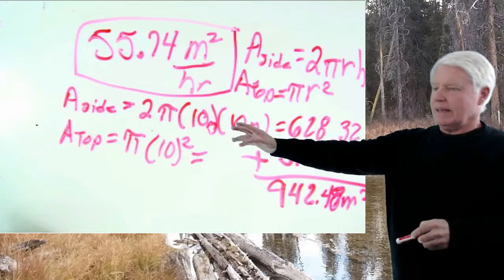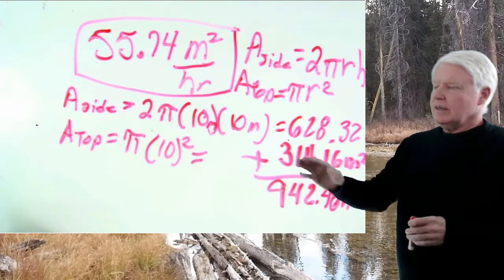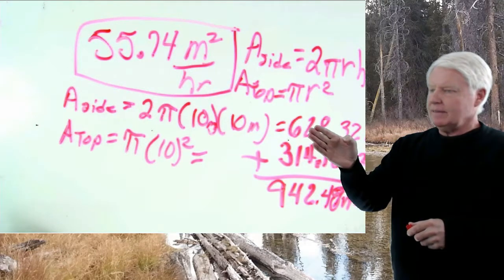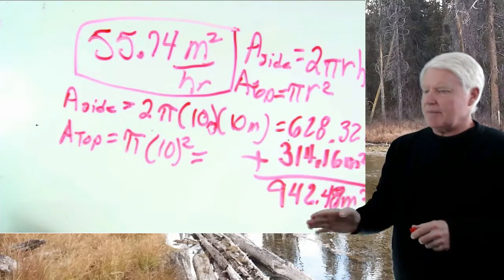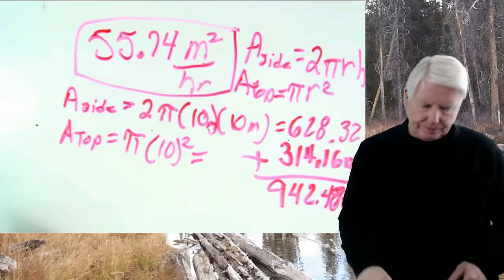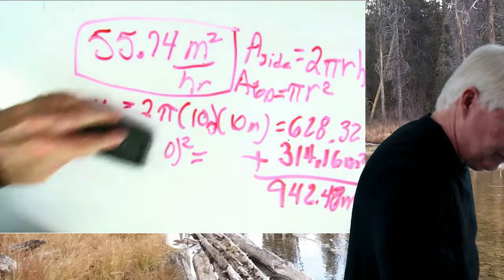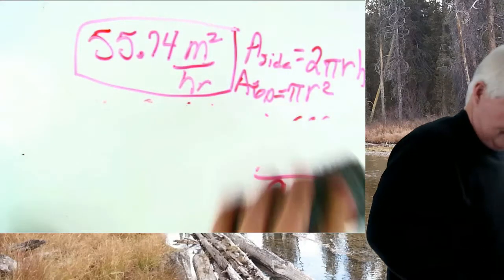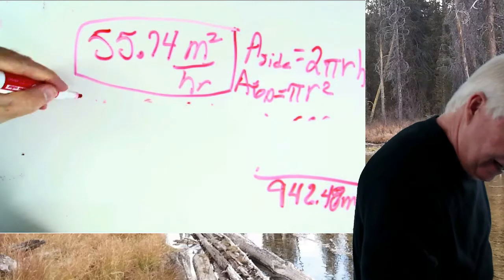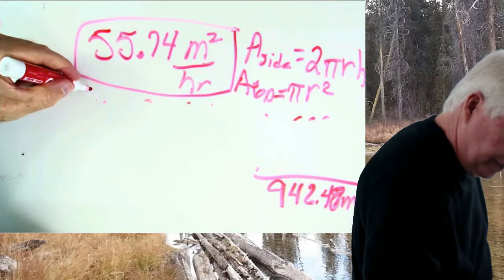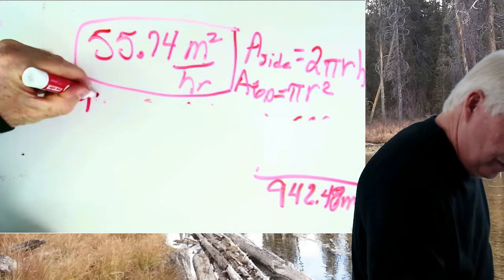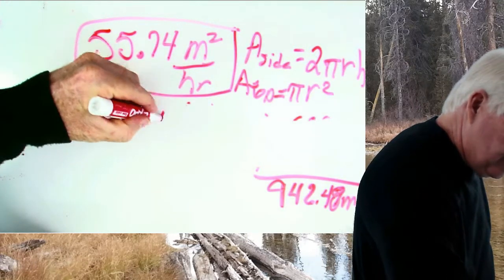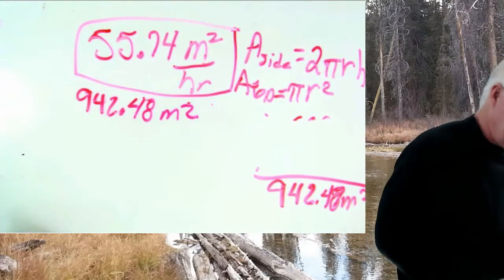Now I'm going to erase all this so I just have this left over. So again, how did I get this number? I calculated the area of a side, calculated the area of the top, added them together. Now I'm going to give myself some room and erase all this and put the area of that cylinder up here, 942.48 square meters.